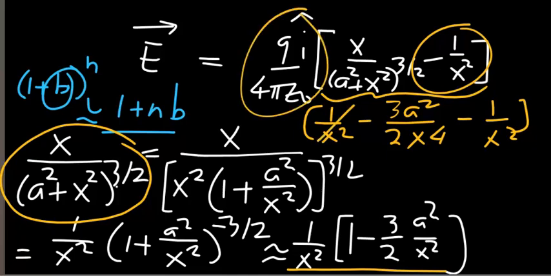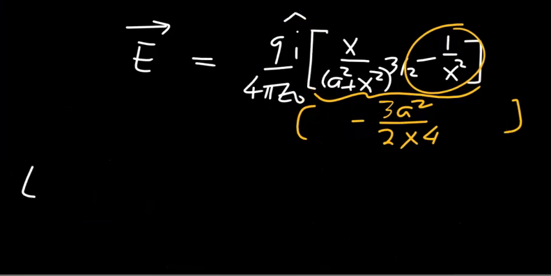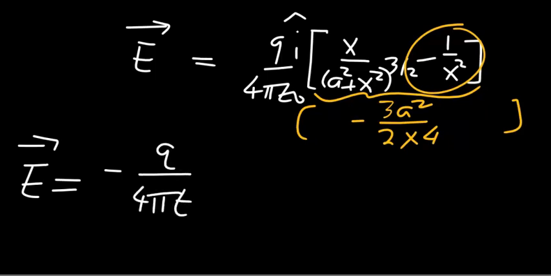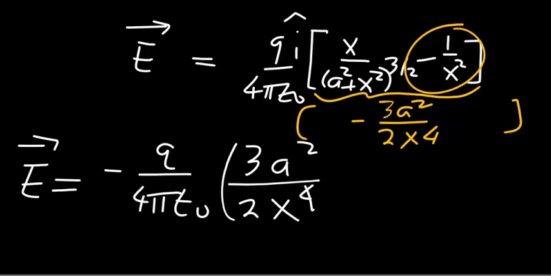And 1 over x squared, there are 2 of them, they will cancel each other, giving you the following expression for the electric field for those large distances. It is just minus q over 4 pi epsilon naught times 3a squared over 2x to the power 4. Don't forget i hat.